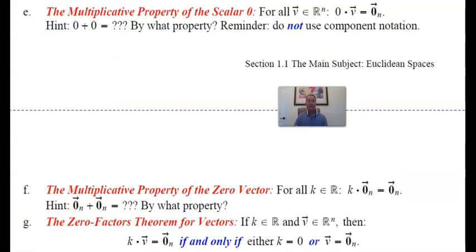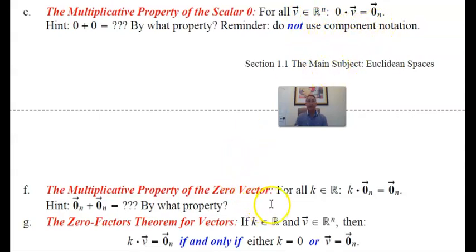So there you go. I hope you liked those 2 examples. And I also wanted to remind you before we go that the last 3 problems from exercise number 7 are very much like the 2 theorems that we proved. So there is a multiplicative property for the scalar 0, which says that for all vectors v, 0 times v is the 0 vector.